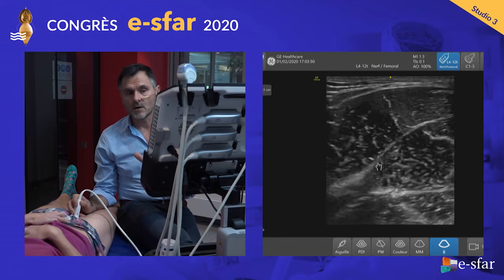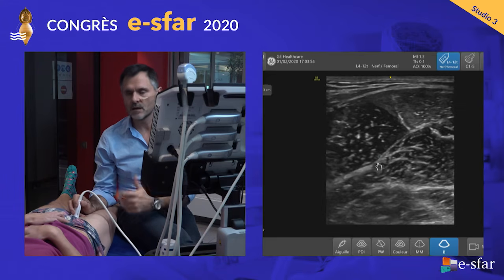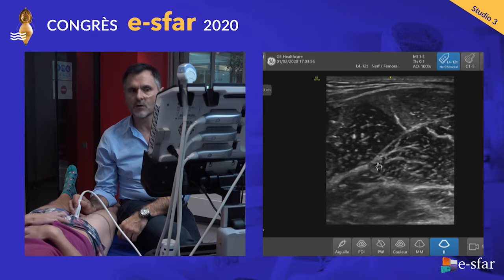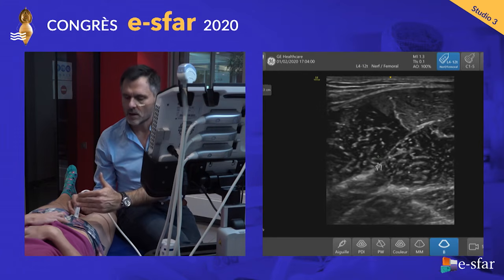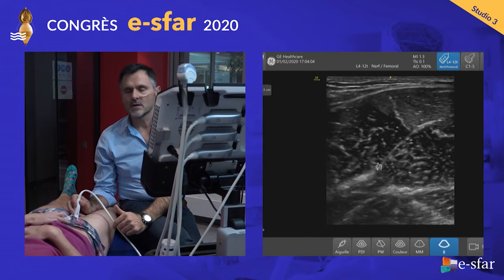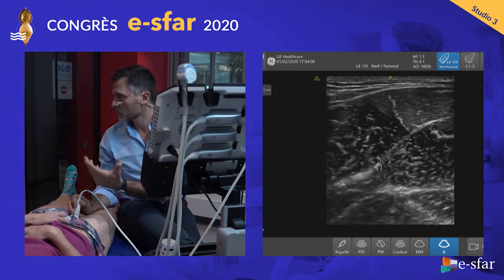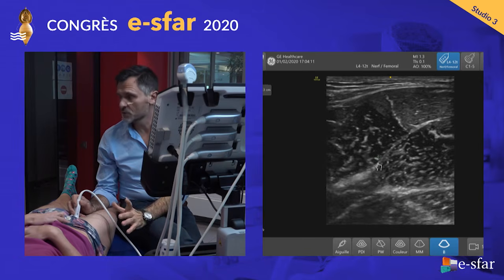There is a publication about the interest of the obturator nerve for hip surgery. The problem is that we are distal to the hip joint. And how do we perform an obturator nerve block which is effective for hip surgery?